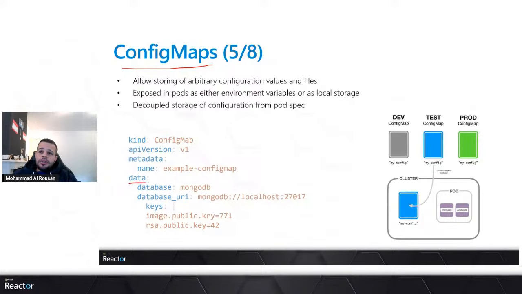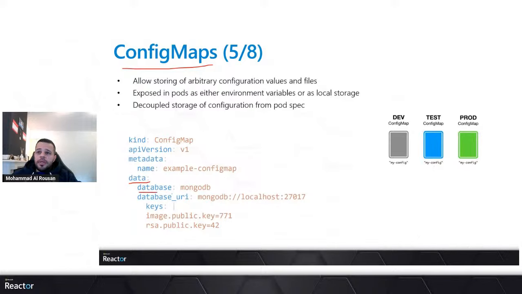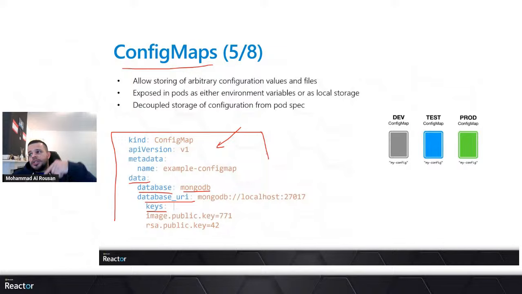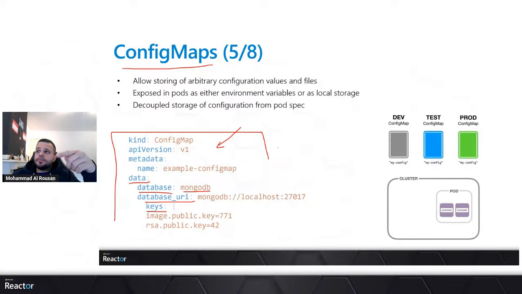In our case, we have the database, MongoDB, we have the database URL, we have the keys. So we mount this data as a volume on the pod. And once the pod is started, it will read all of this configuration. So this configuration is available for the pod when it starts.